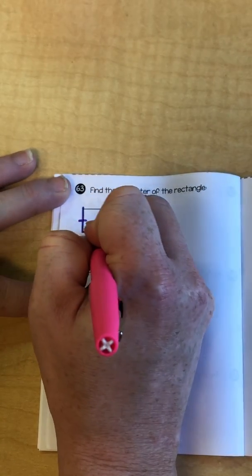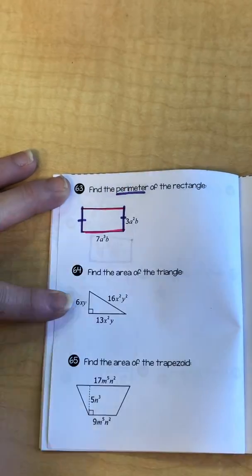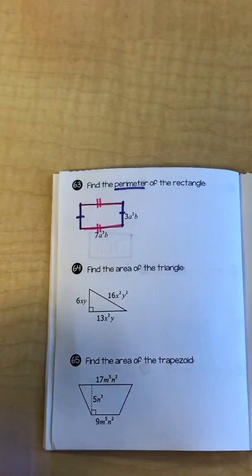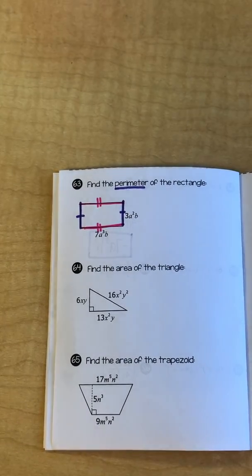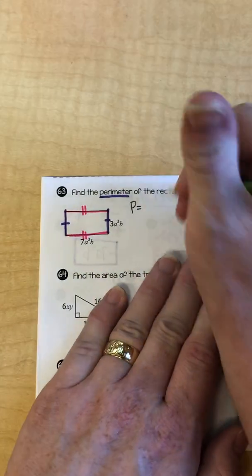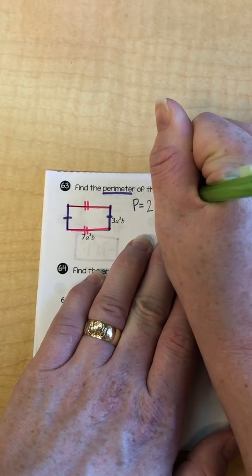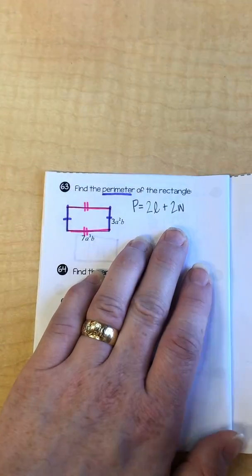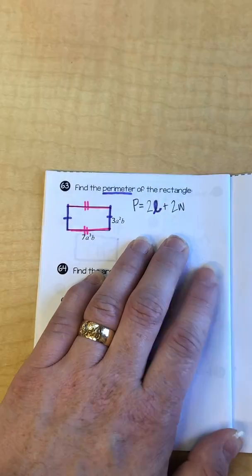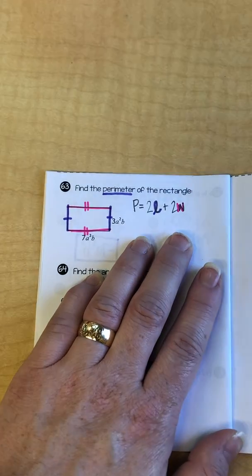And then right here, this 7a cubed b is going to be the same as this side over here. So these two sides are congruent.